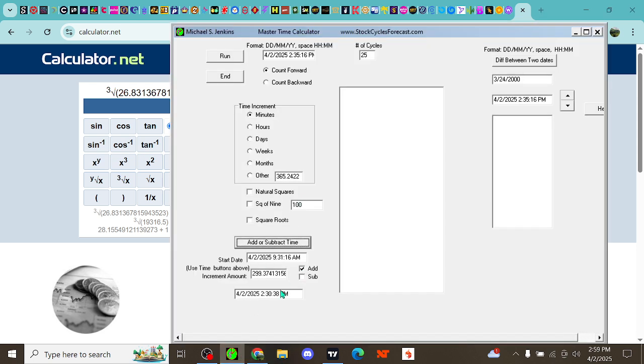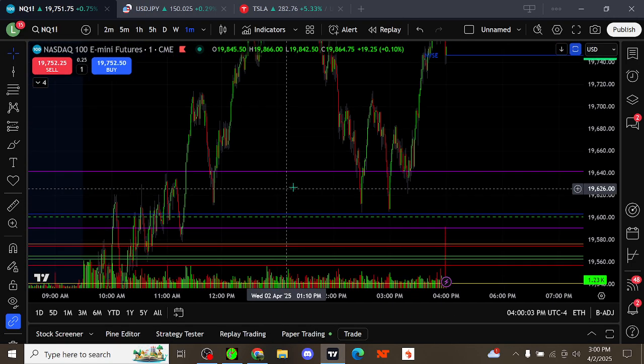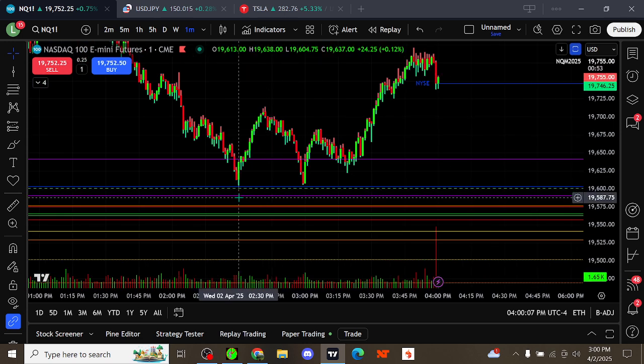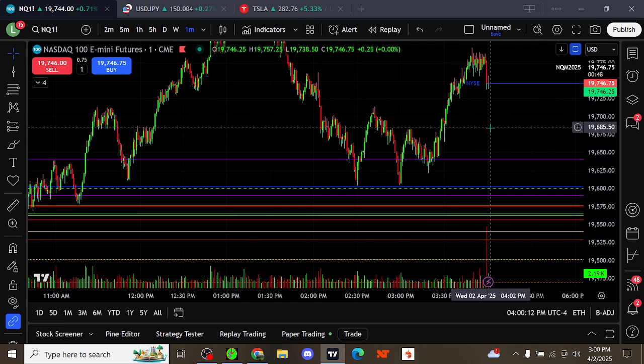Well, if we take 2.99 and we shift the decimal point by a factor of 100 and we go by minutes, we have 299 minutes later from that, which is about 2:30 p.m. If we go to 2:30 p.m. on NASDAQ, you will see it actually is the exact minute of occurrence of a major change in intraday bias.